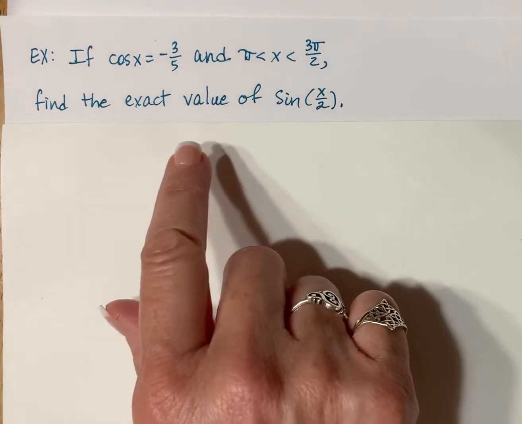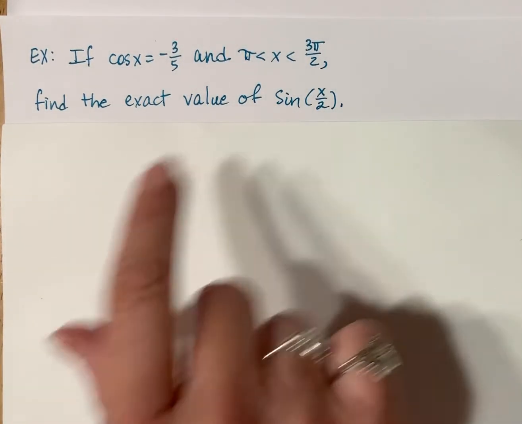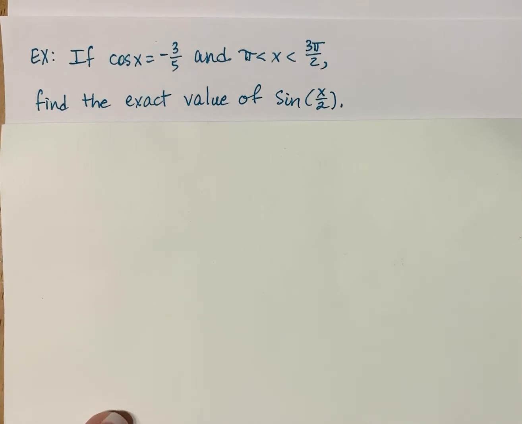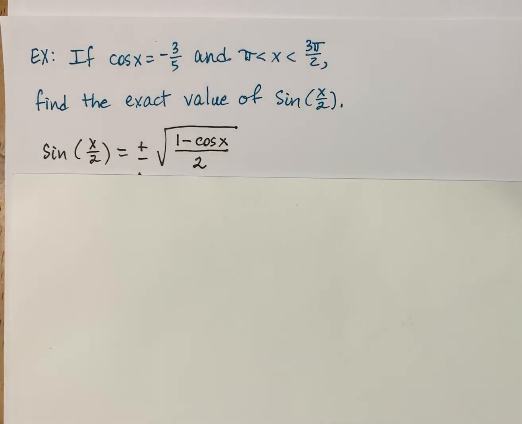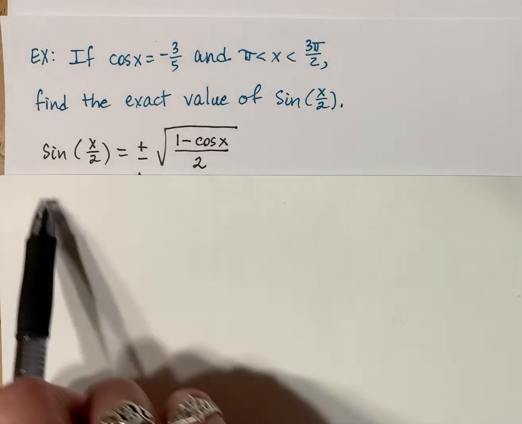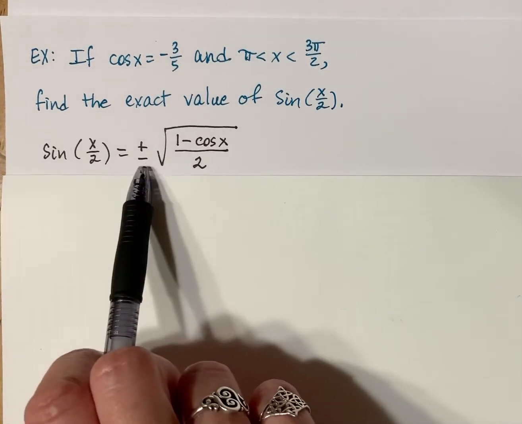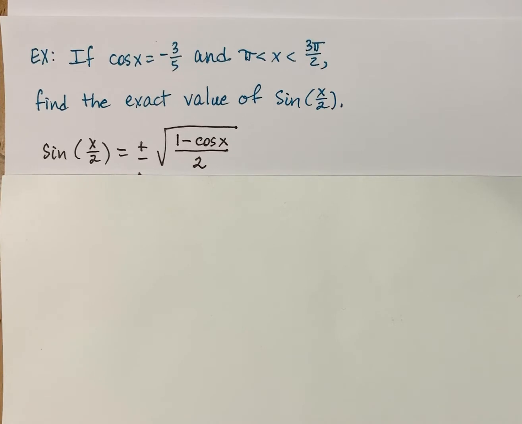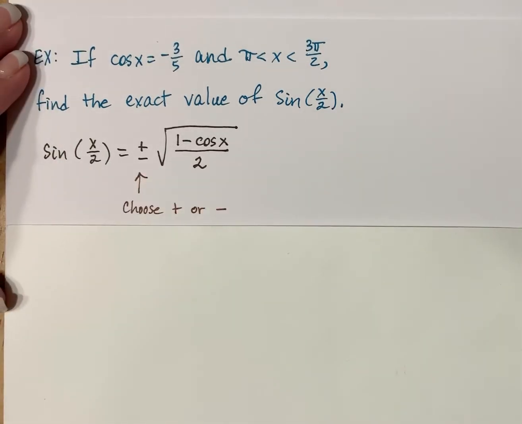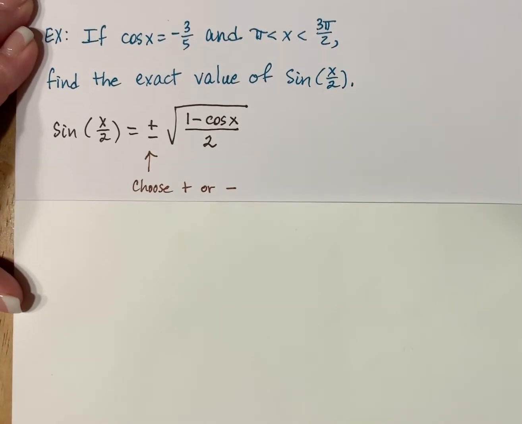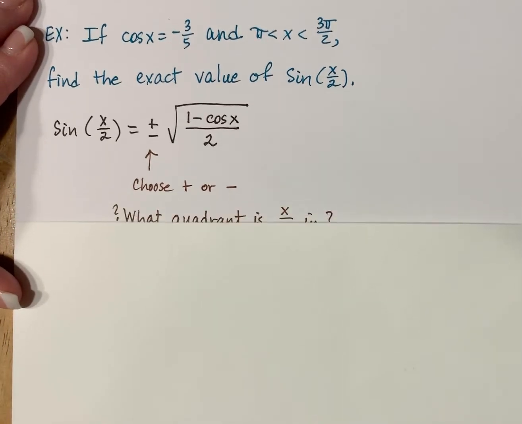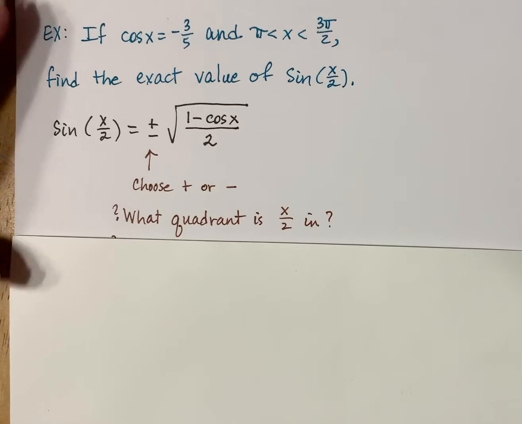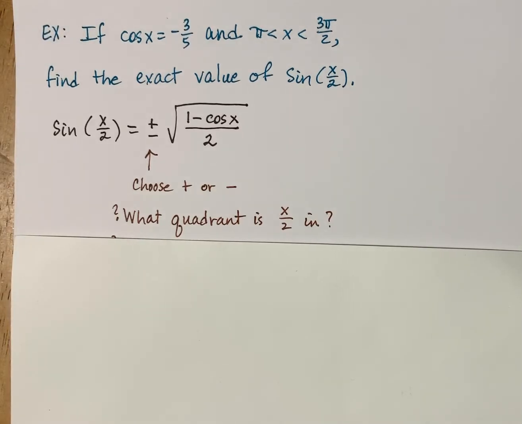Okay, so we're trying to find the exact value of the sine of half of an angle. So here's the formula that we will work with. Now, the tricky part is often the plus or minus. You have to choose one of them. It's not going to be both. So here's what you need to ask yourself: what quadrant is x divided by 2 in?